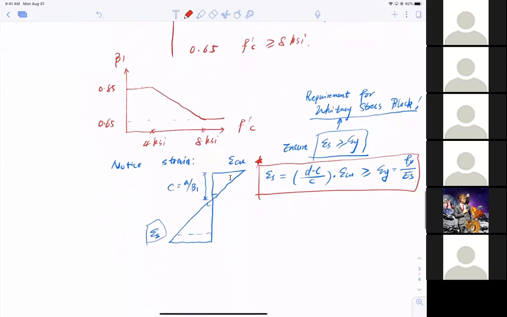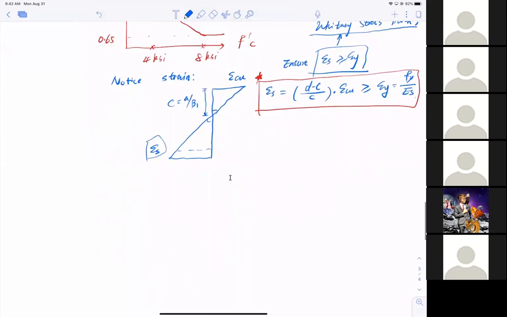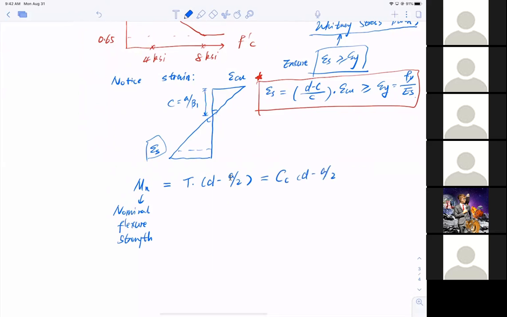After you check this step and make sure you can use the Whitney stress block, then you can find the nominal moment. The nominal flexural capacity, Mn, equals either the tension force multiplied by jd, that is d minus a/2, or the compression force Cc times (d minus a/2).